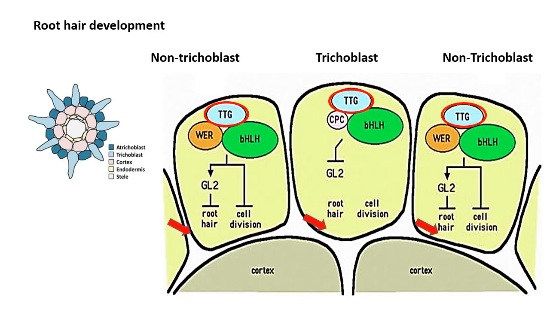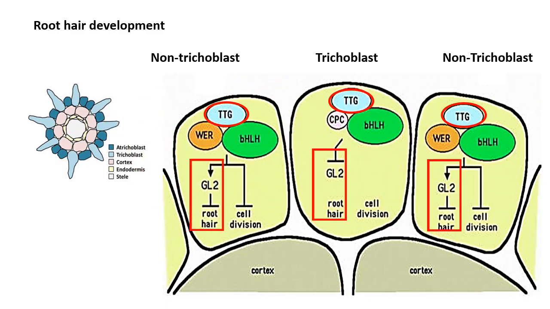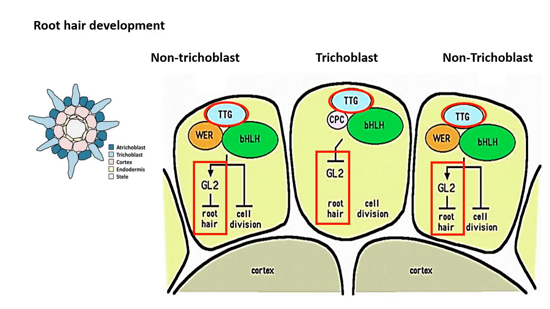As we can see here, when it interacts with different types of transcription factors like WER and CPC, they can regulate the expression of GL2, that is, the Glabra2 protein, or they can inhibit the GL2 protein.